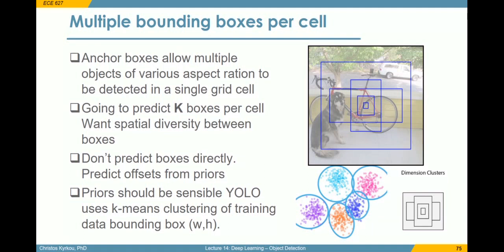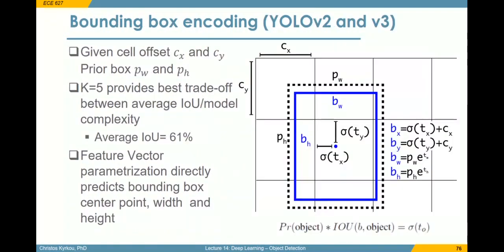So they don't actually predict bounding boxes with respect to the input image, but they predict some offsets with respect to these anchor boxes that they extracted from the k-means. And in the images here, you can see some prototypical anchor boxes that can be used. And all grid boxes have exactly the same anchor boxes as the templates.